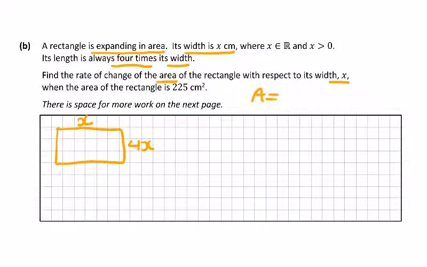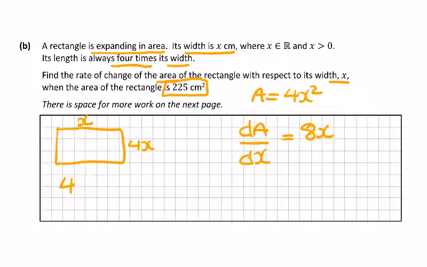Area is equal to 4x squared. The rate of change of the area with respect to x is the derivative, so that's equal to 8x. What else are we told? When the area of the rectangle is 225, we can say 4x squared equals 225.